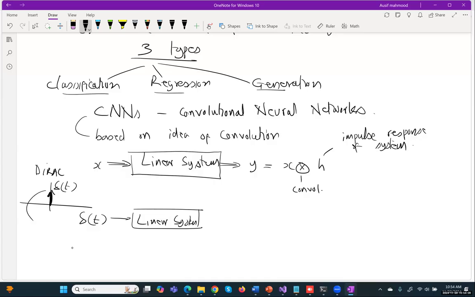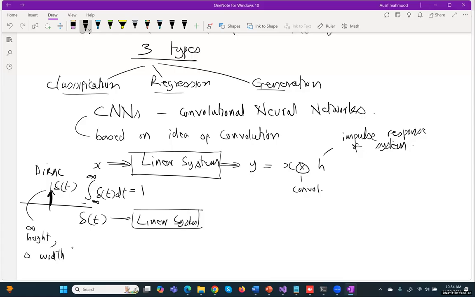It has infinite height and zero width, with the property that if you integrate this from negative infinity to infinity, your output will be 1.